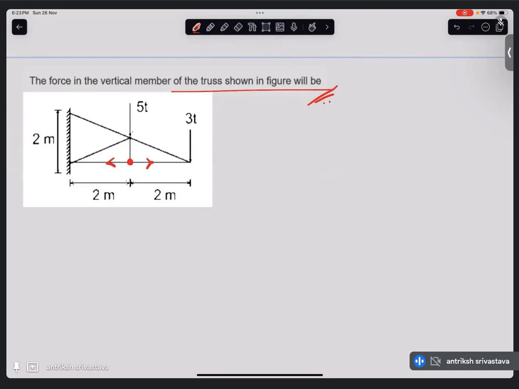Whatever, even if it is 90 degrees, even if it is having a load at this point, it doesn't matter. At this point also, it has to satisfy Fx equal to 0, Fy equal to 0, right? So this member is not going to be having any force. So F vertical is 0.